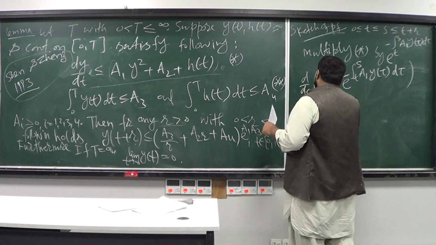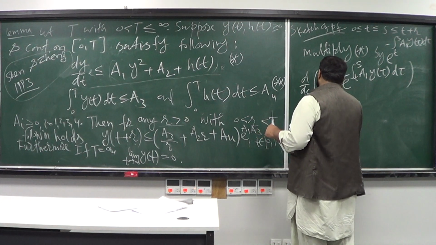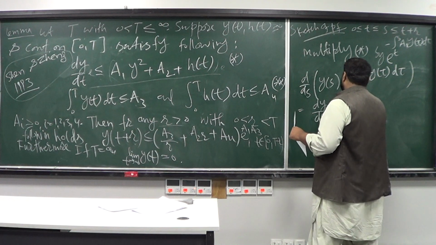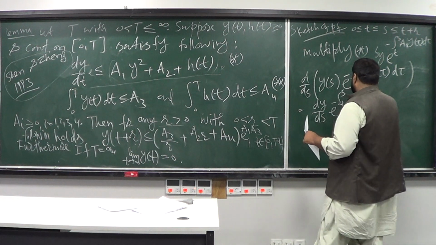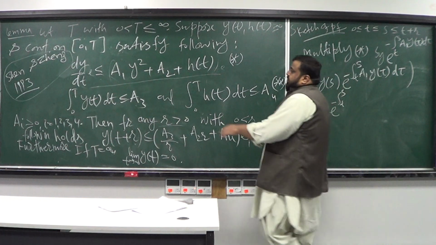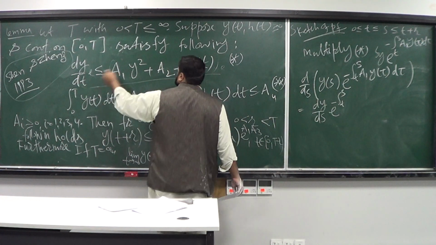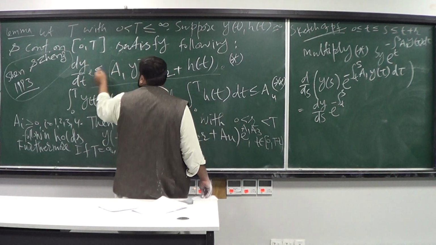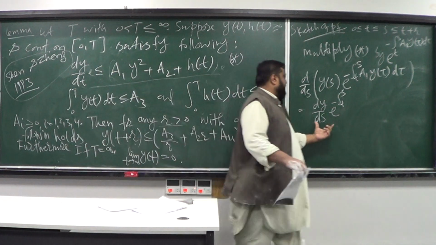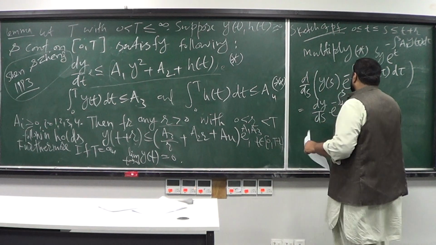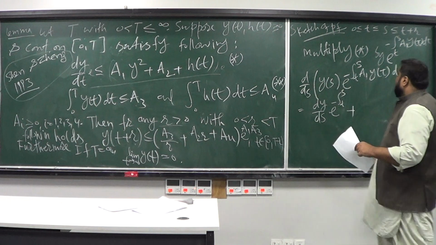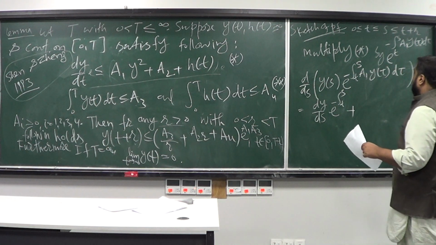You're going to get dy by ds, product rule, which is e to the exponential from t to s. So this factor is precisely this term. I mean, if you multiply the e to the negative integral from both sides, you're going to get this first term. Okay, plus what would be the other thing?